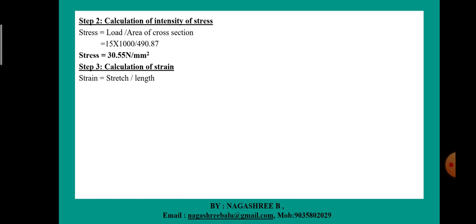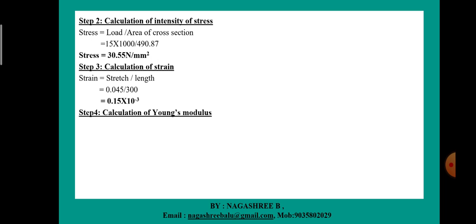Because Young's modulus is nothing but stress to strain within the elastic range. So therefore the stretch at elastic range we are supposed to take, that is nothing but the stretch at 15 kilonewton load, that is they have given as 0.045, divided by the initial length, that is 300. So therefore I have got the strain as 0.15 into 10 power minus 3. It is a constant, so it should remain as it is.